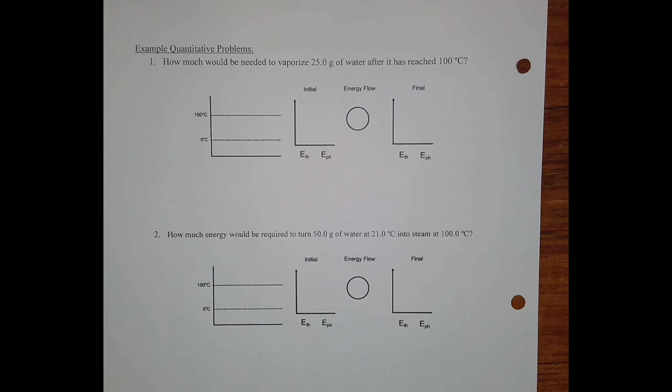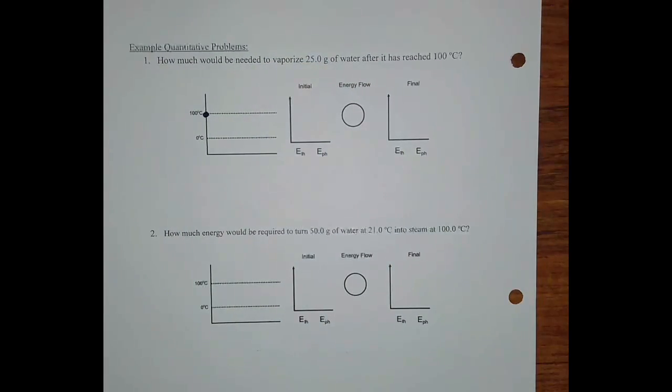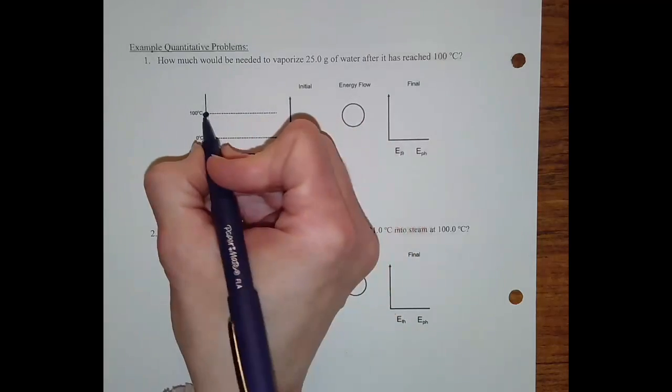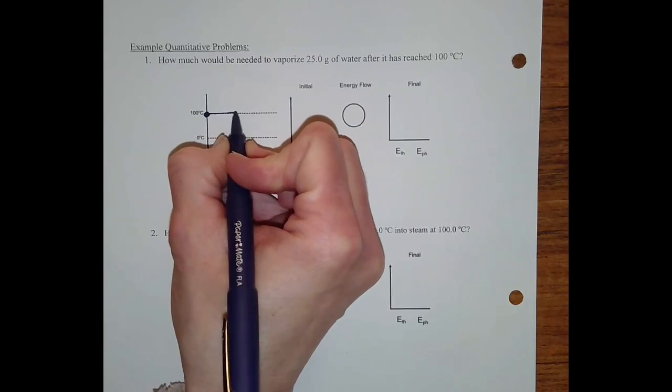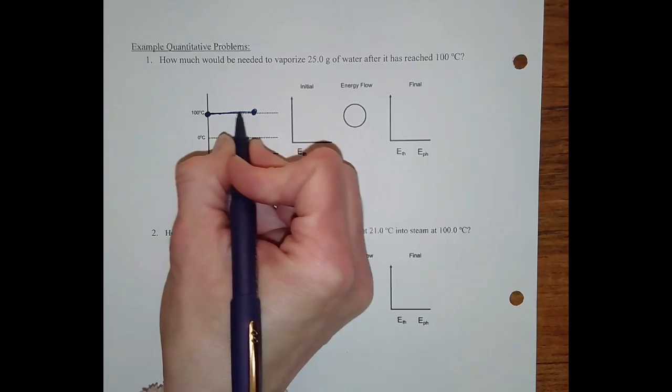So the first thing to do is to try to draw in what has gone on. We have 25 grams of water. It is at 100 degrees to start, but it's in the liquid state and we need to get it to vaporize. So we just want to cross that plateau.